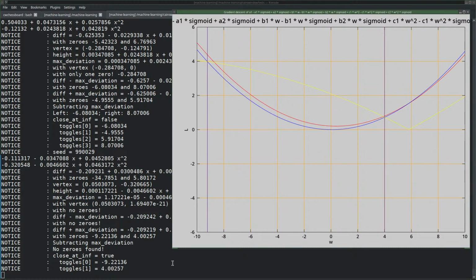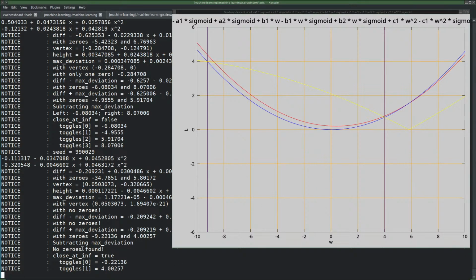Now see here the new algorithm works and the old one doesn't, because the old one says no zeros found, while the new one says we have 2 toggles. In this case we start at true, so this means that everything on the left of this line and on the right of this line is close enough, and everything in between here is deviating too much.